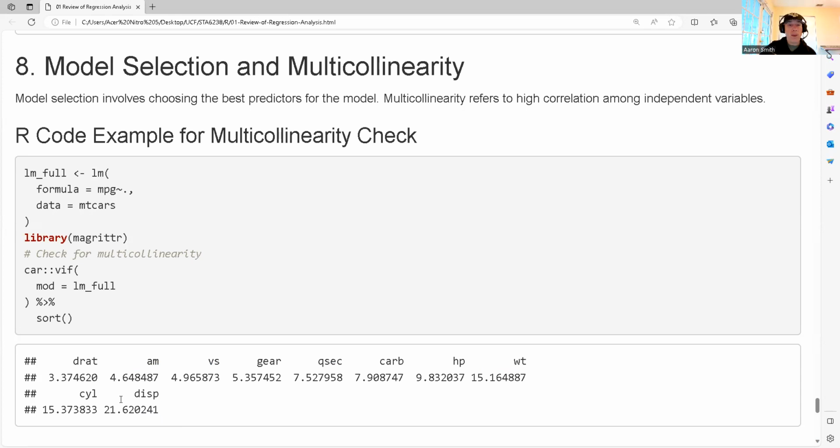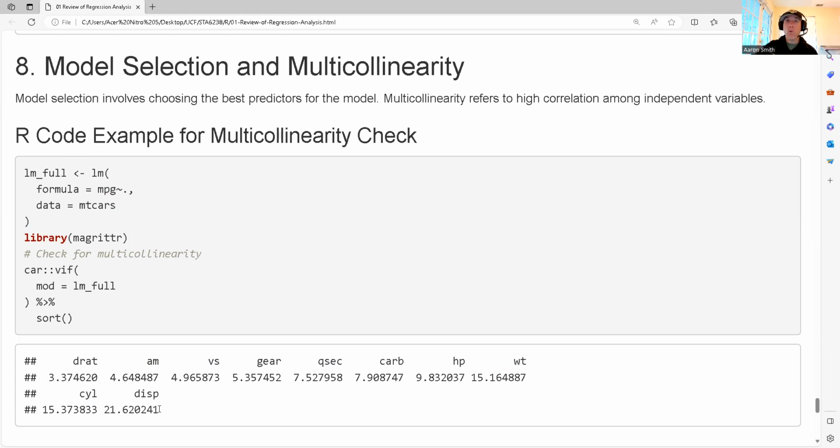And so I would say, just thinking about it, probably gears and horsepower and cylinders are going to be highly collinear with displacement. So if I wanted to reduce this model that has all predictor variables, I would consider getting rid of displacement first. Then after that is cylinder.